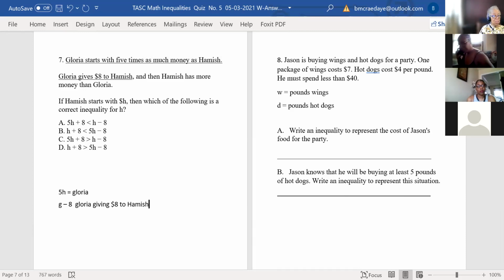So that G minus 8 is what she's giving to Hamish, right? So I'll just put G minus 8 equal H. She's giving that to Hamish.